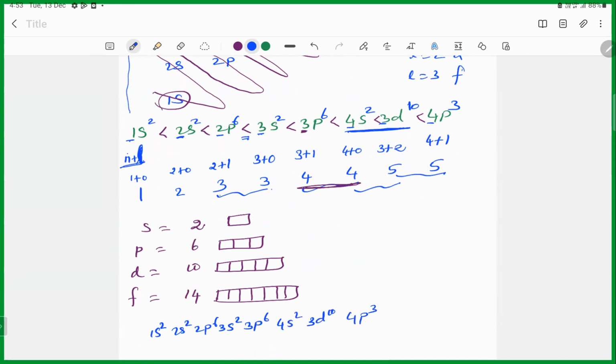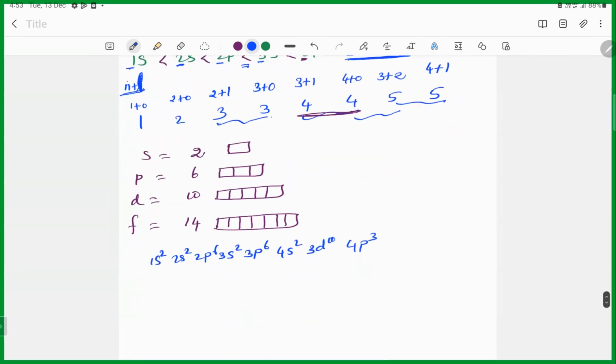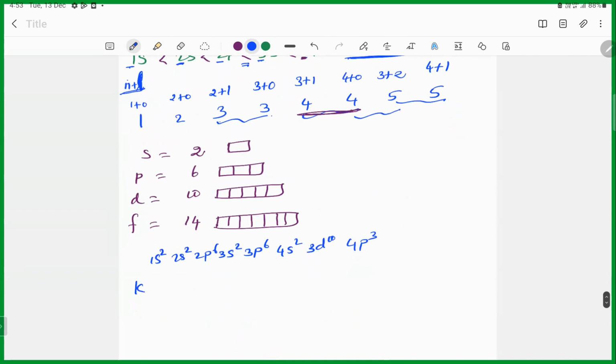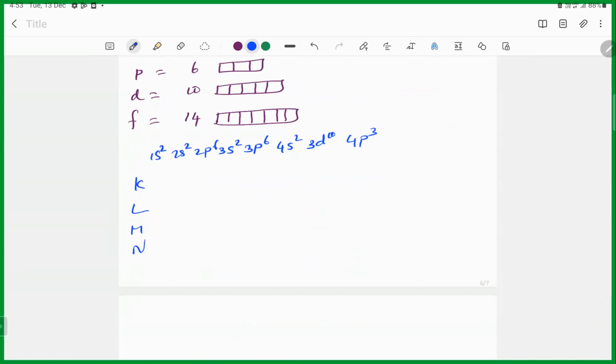Correct? Now, K shell, how many electrons do you have? L shell, M shell, and N shell. K shell has 2 electrons. L shell has 8 electrons.